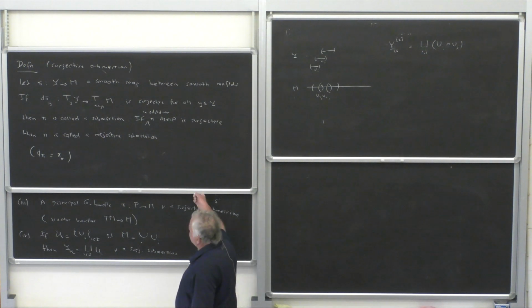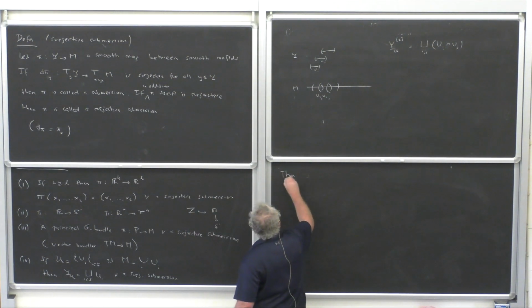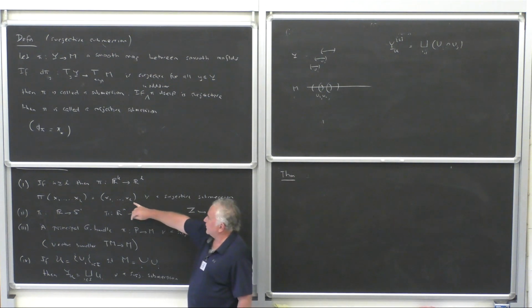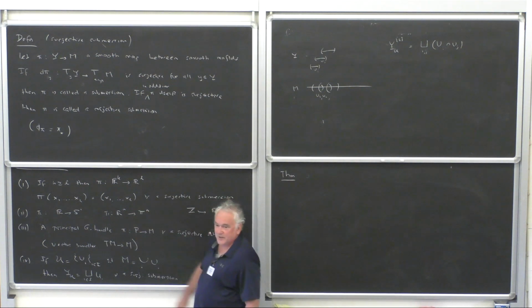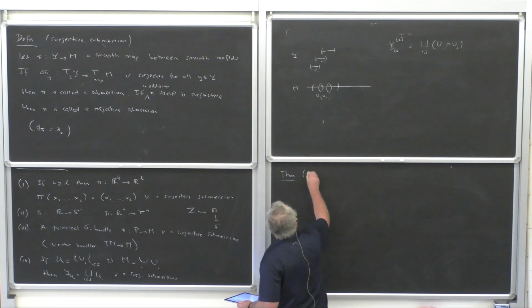Now I want to write down a little theorem which essentially tells you that all surjective submersions are given locally by your first example. So the statement is, this is called the local submersion theorem.